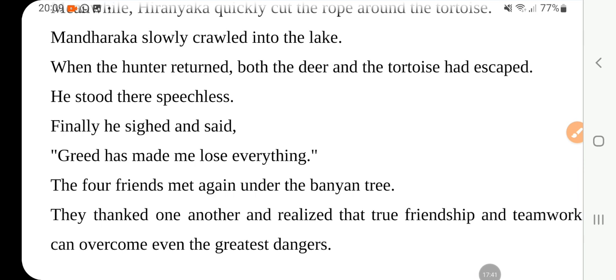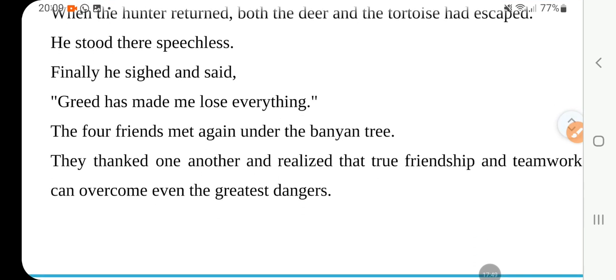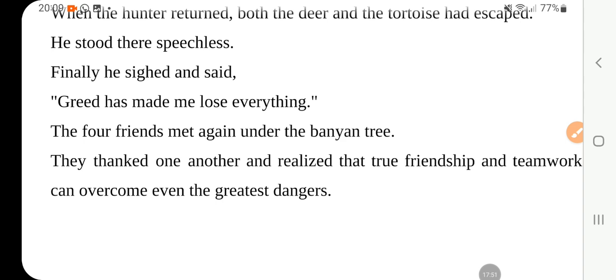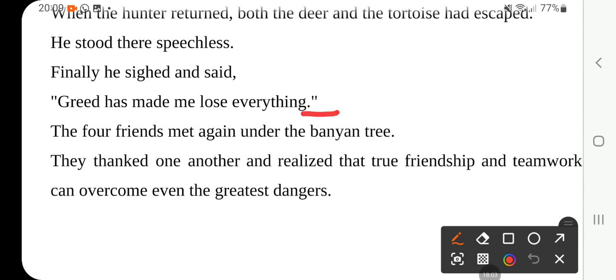When the hunter returned, both the deer and the tortoise had escaped. He stood there speechless. Finally, he sighed and said, "Greed has made me lose everything." Very big message.